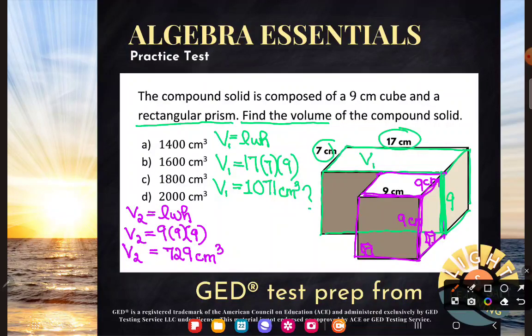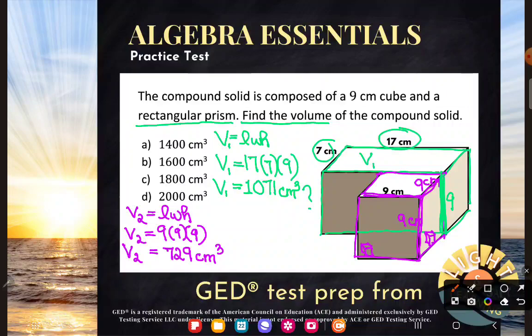Now, we don't have to find the volume of two separate shapes. We have to find the volume of the compound solid, which is all the little cubic units in the first one and all the little cubic units in the second one.